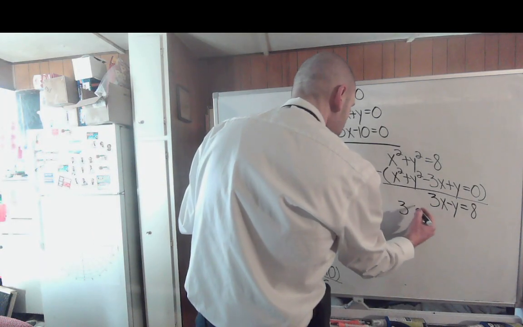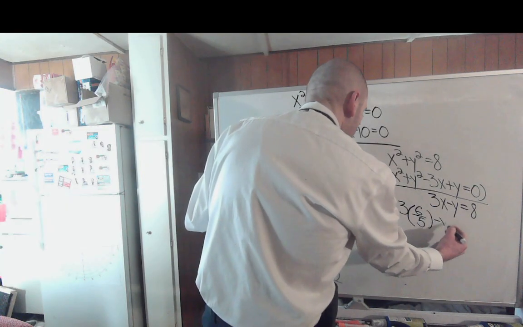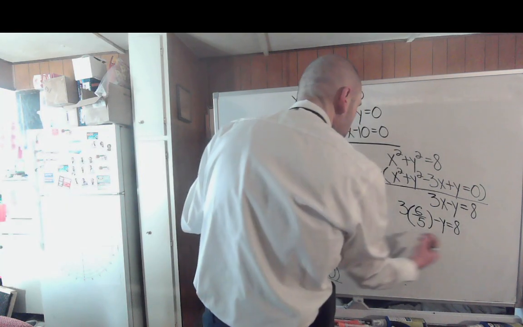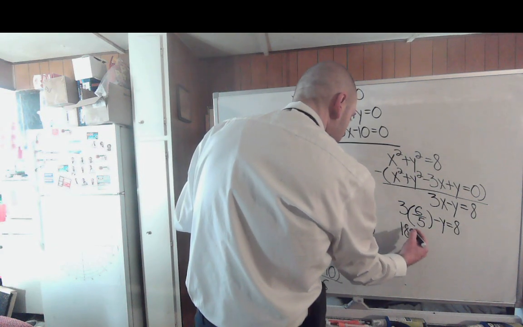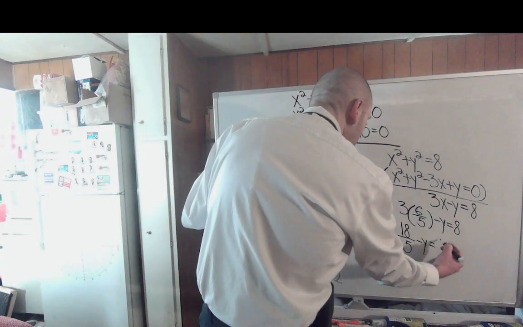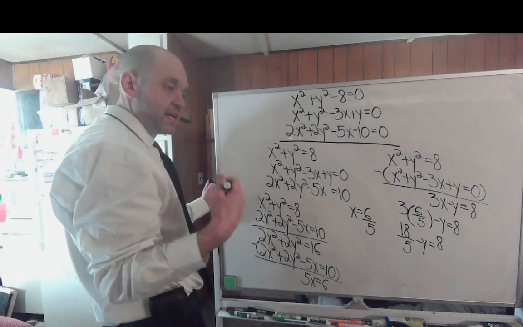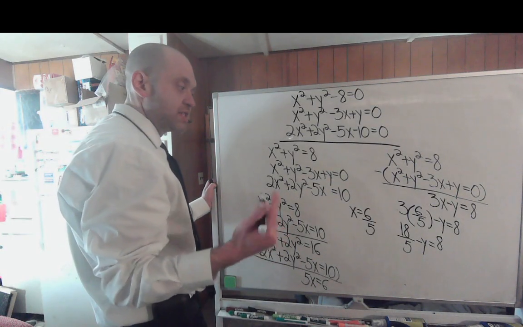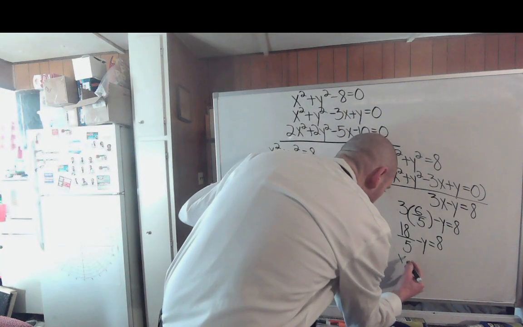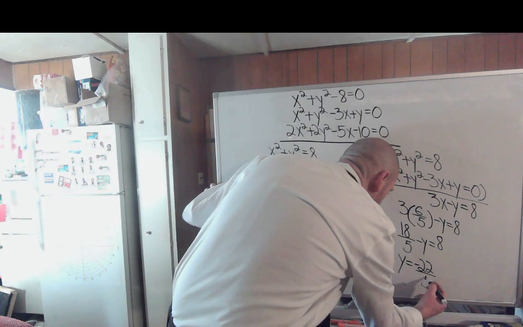So you'll take 3 times 6/5 minus y equals 8, which would end up giving you 18/5 minus y equals 8. All right. So what is 8 in terms of a denominator of 5? That's 40. You would end up getting y equals negative 22/5.